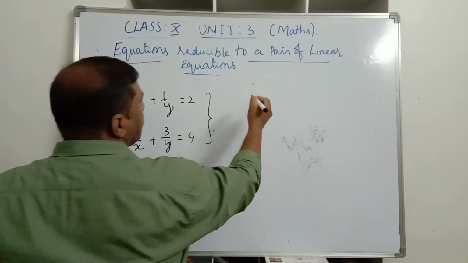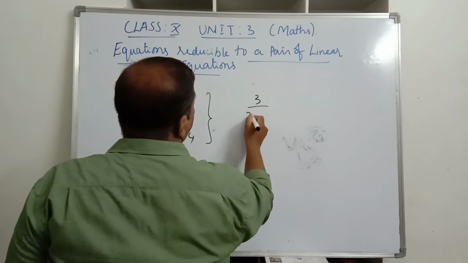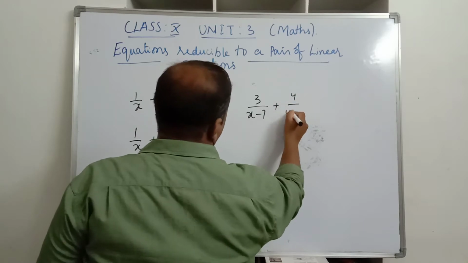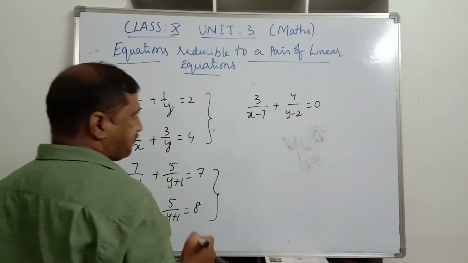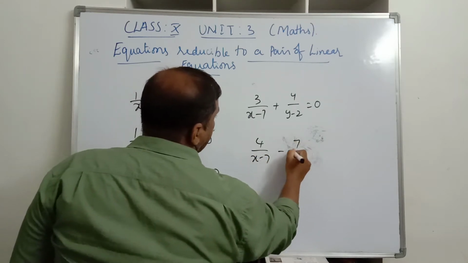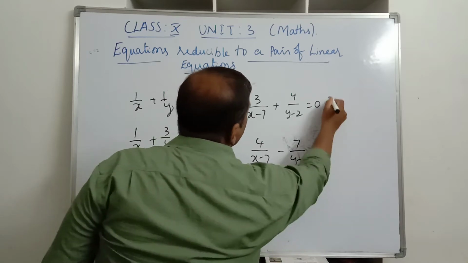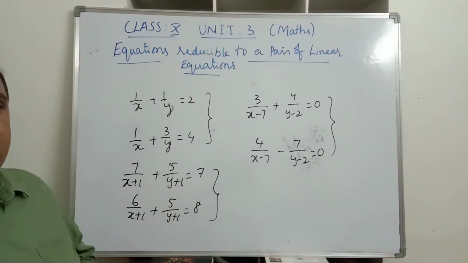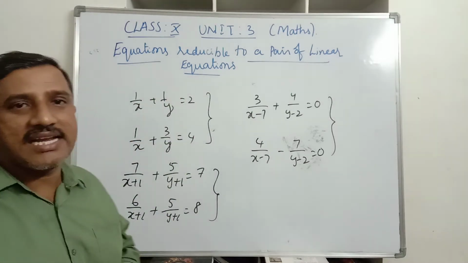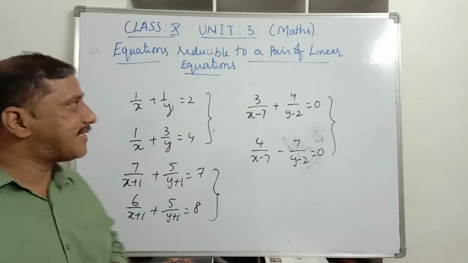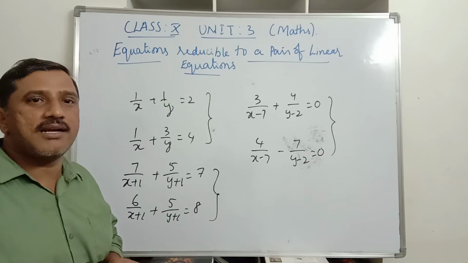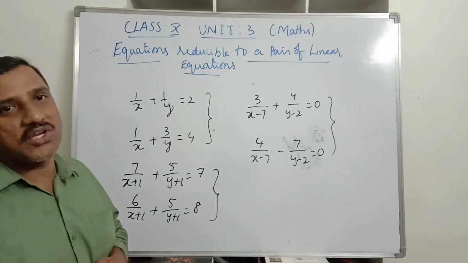Take one more example: 3 divided by x minus 7 plus 4 divided by y minus 2 is equal to 0, and similarly 4 divided by x minus 7 minus 7 divided by y minus 2 is equal to 0. They are not in the pair of linear equations form. We should reduce them to the linear equations form, then solve them by using the algebraic methods, that is, the cross multiplication method, elimination method and substitution method.